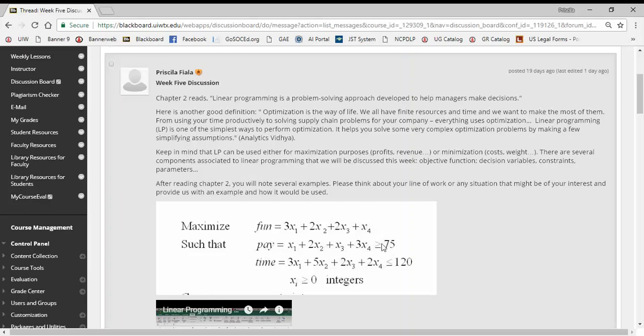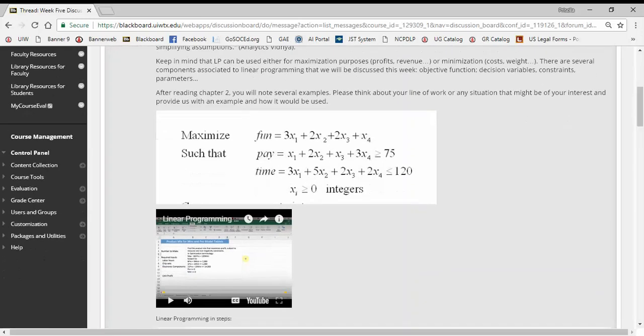Whatever it is, the pay has to be higher than or equal to 75, and the time has to be less than or equal to 120, in this case 120 hours. And then everything is non-negative: each xi is higher than or equal to zero. So they're non-negative numbers and they are whole numbers.